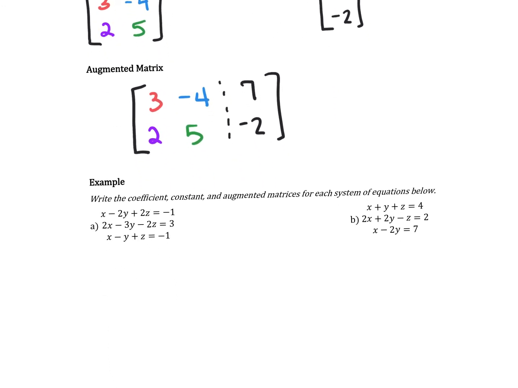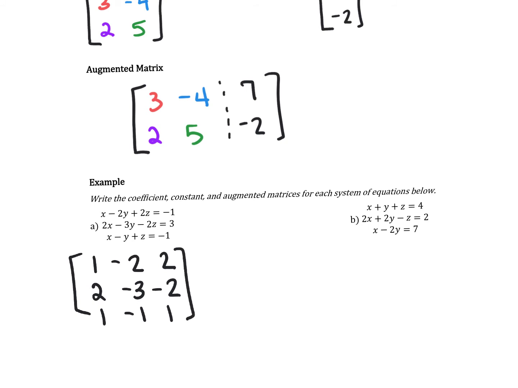So here are examples. Let's write the coefficient, constant, and augmented matrix for each of these systems of equations below. In this particular case, I'm going to create the coefficient matrix first. On the first row I have 1, -2, and 2. Second row, 2, -3, -2. And in the third row I have 1, -1, and 1.